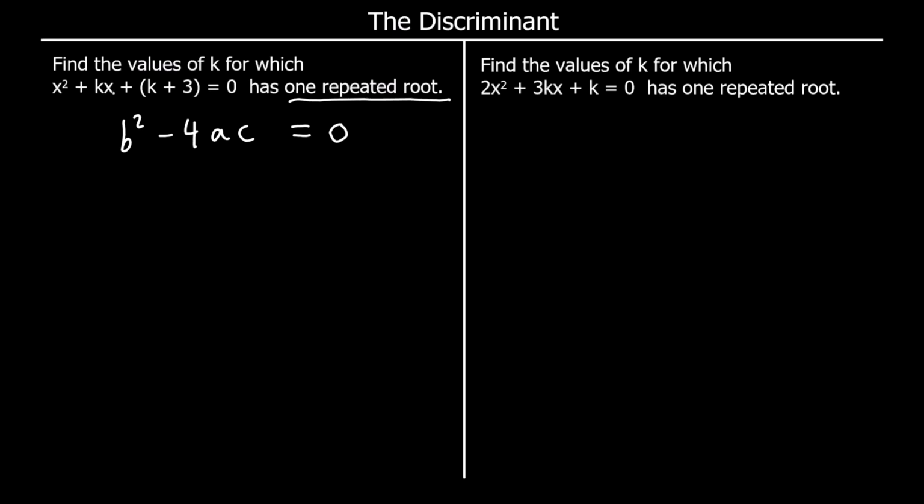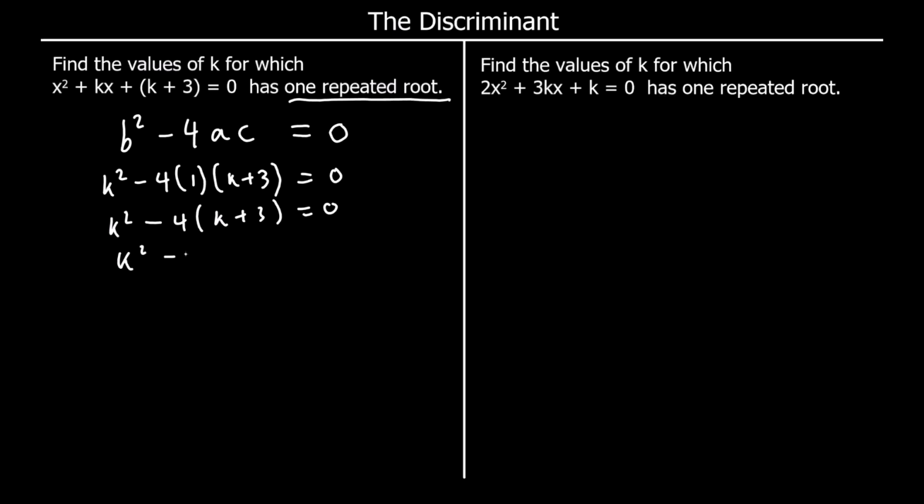This time b is k, so we've got k squared minus 4 times a, which is 1, times c, which is k plus 3. So 4 times 1 is 4, so it's k squared minus 4 lots of k plus 3. So it's k squared, expanding the bracket, minus 4k minus 12 equals 0.